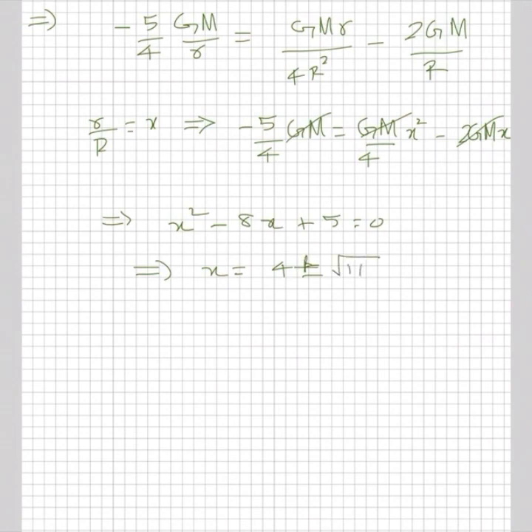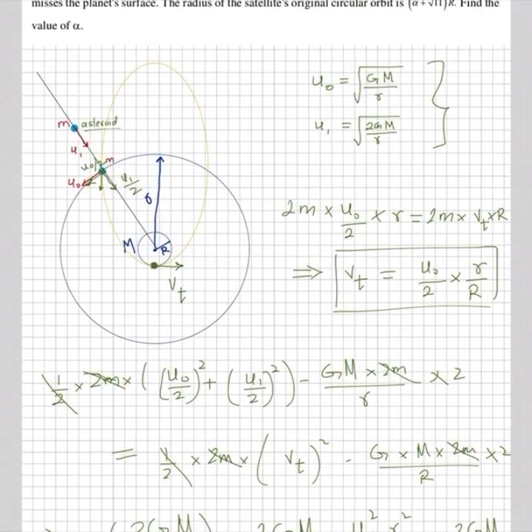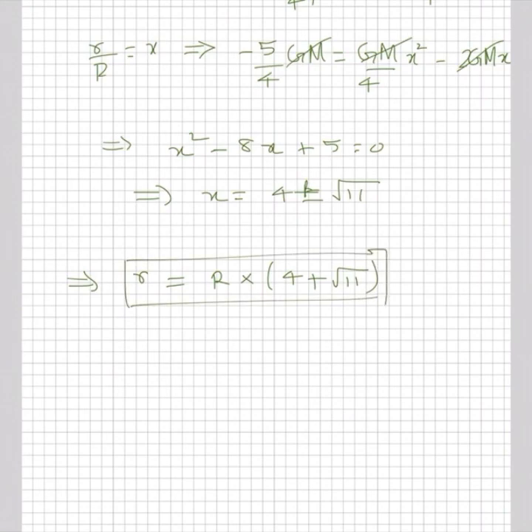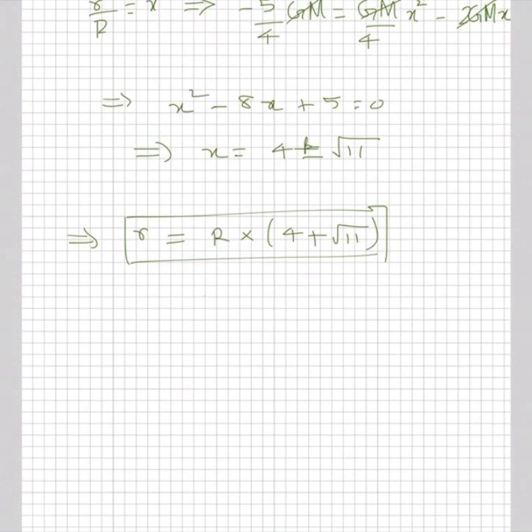The negative root, 4 minus root 11, can be eliminated because we can clearly see that small r will be greater than capital R. So here we get x, or small r, equals R times 4 plus root 11. So this is the final answer, and as it was asked in the question, alpha will be 4 in this case. Thank you.